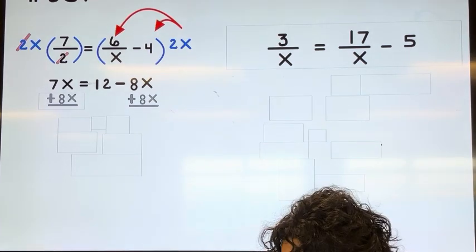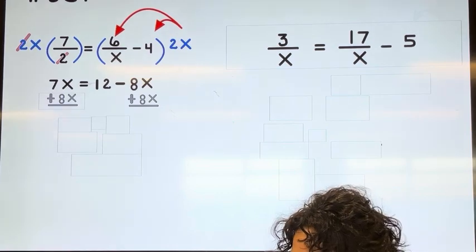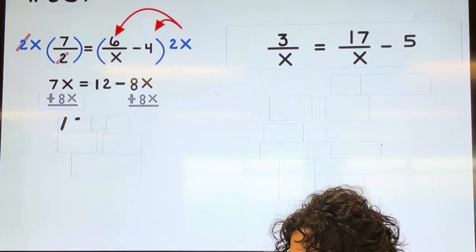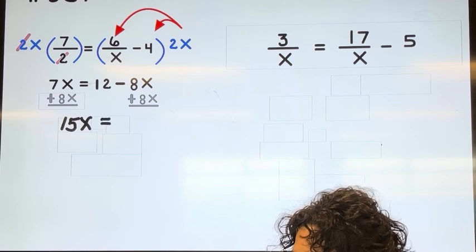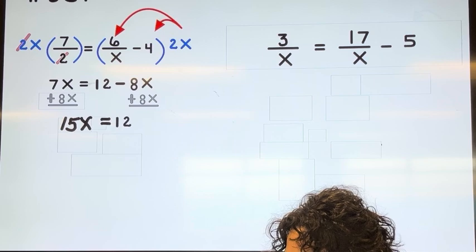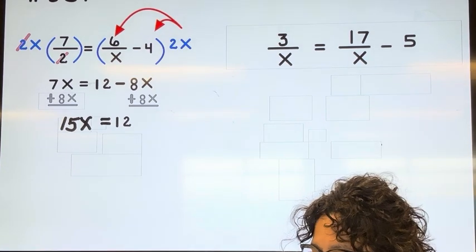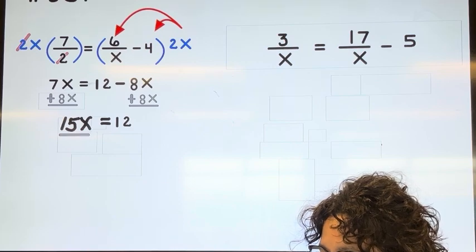And then from there, I have 7x and 8x makes 15x equals, and then I'm going to have 12. To finish solving, let's divide both sides by 15.